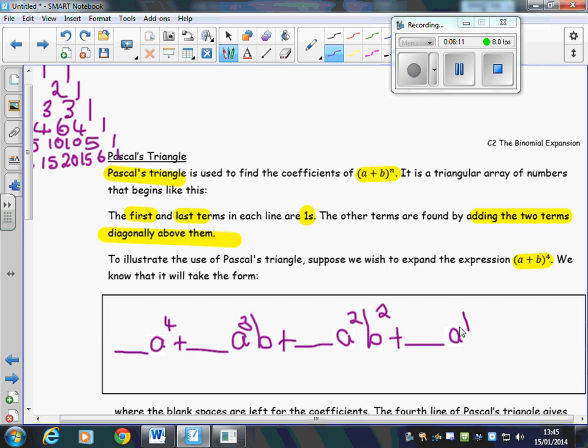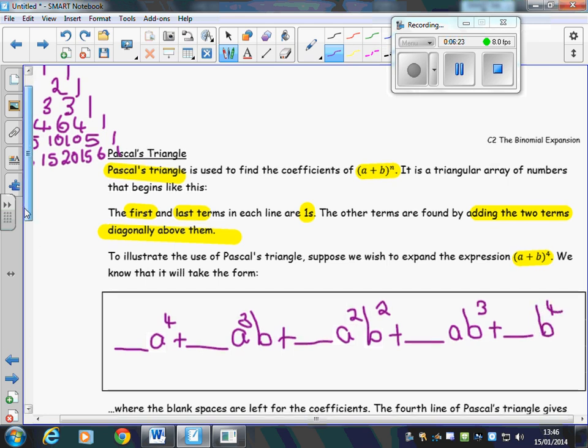So here we'll have a b cubed, plus some coefficient b to the power of 4. So how are we going to find these coefficients?